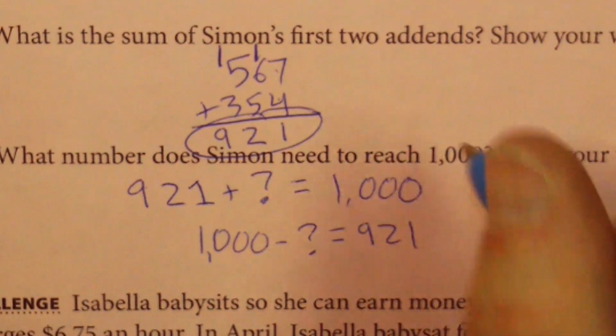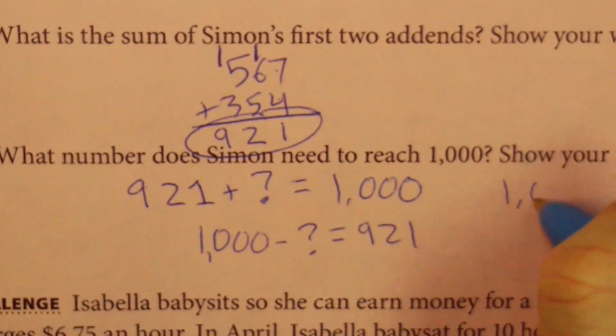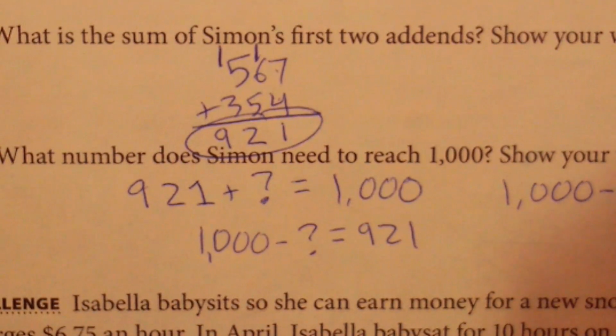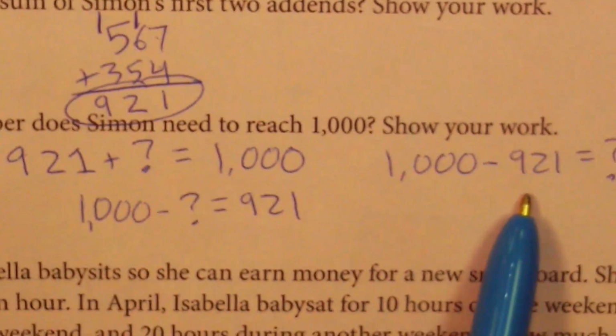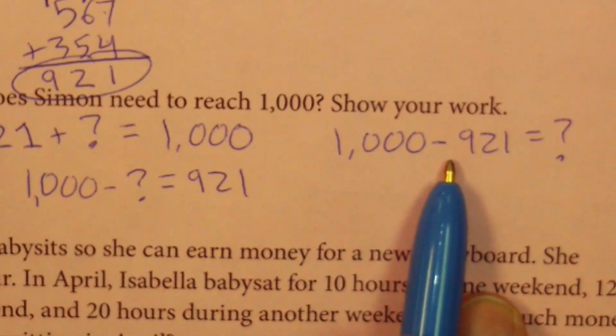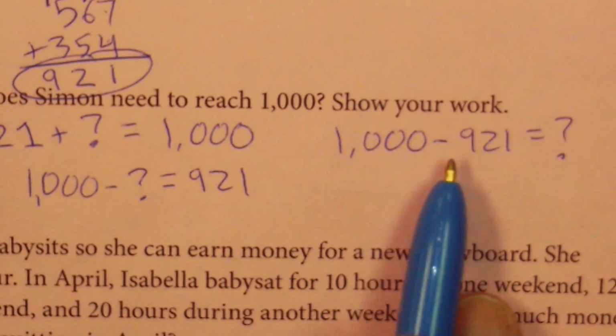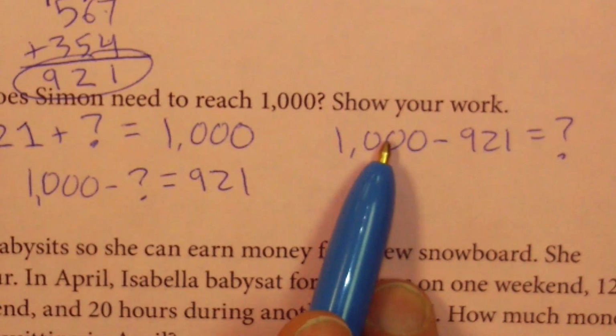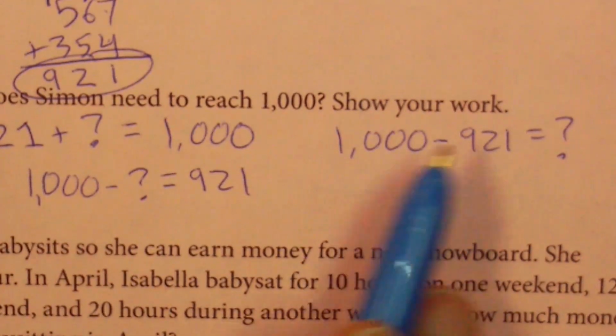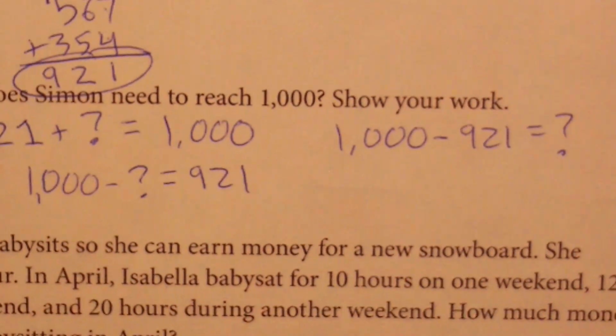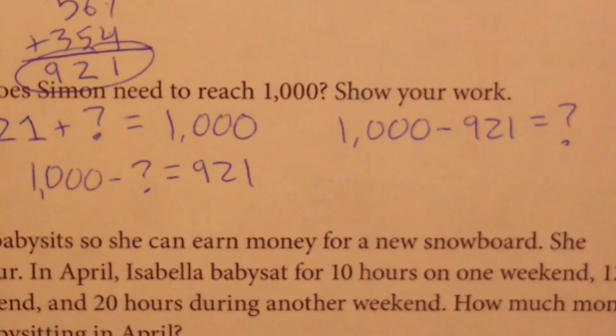Or I could flip it a different way and say 1,000 minus 921 is this number. And maybe that is the easiest way to think of it. Okay? Either way, you're going to get the same answer, but if you subtract, you'll most definitely get the answer.